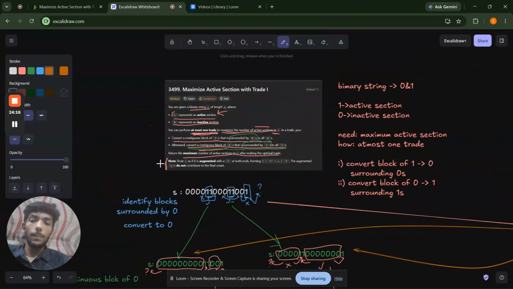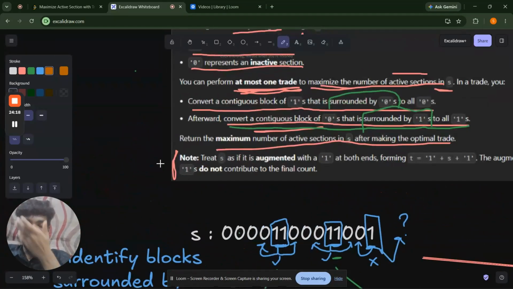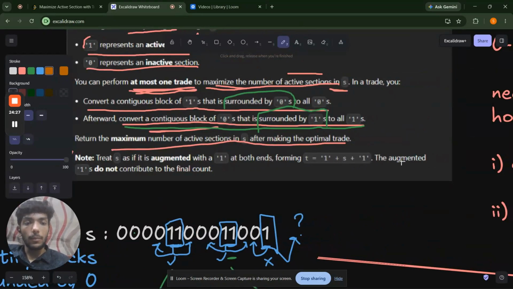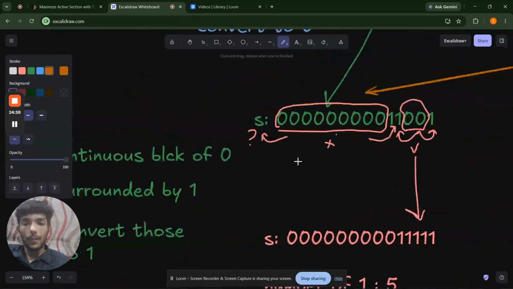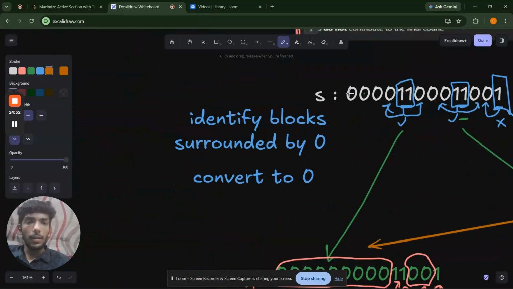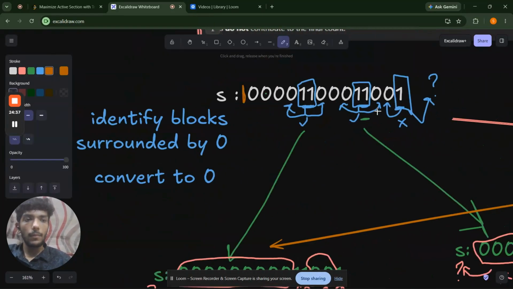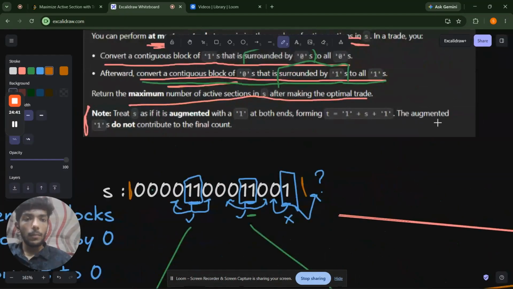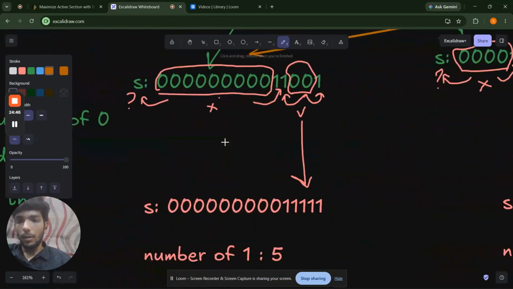Here comes the thing that we treat it as if it is augmented with 1 on both sides, forming t equals to 1 s plus 1. So we had to consider it like this. But the augmented ones do not contribute to the final count. No worries.